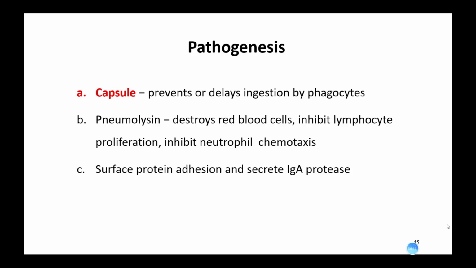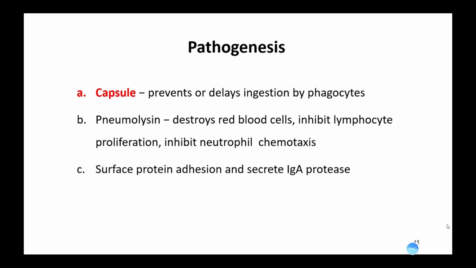The pathogenesis: the bacteria can produce material which contributes to their pathogenesis. First one is the capsule. Keep that in mind. The capsule can prevent or delay phagocytosis. So that's a layer of material covering the cell which can protect them.